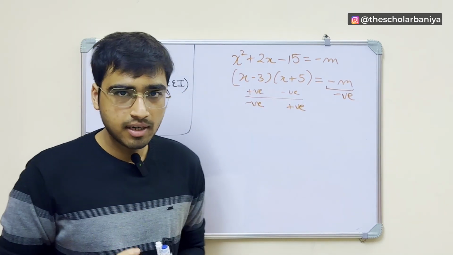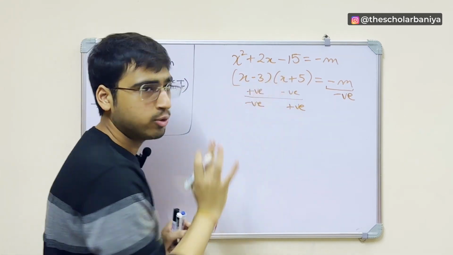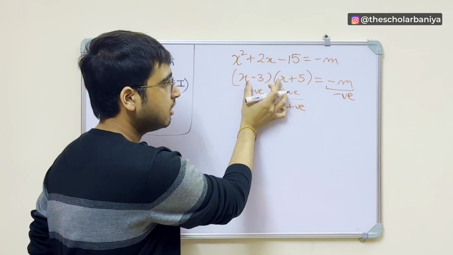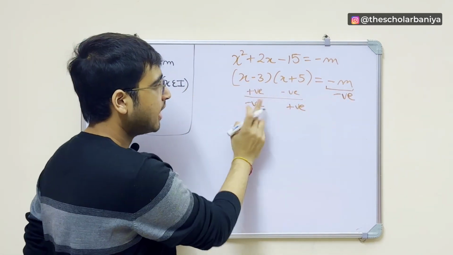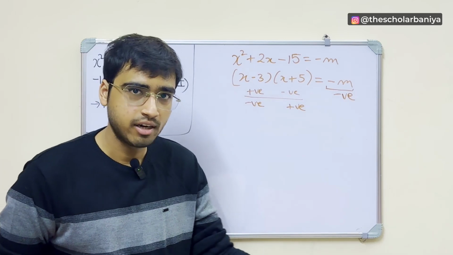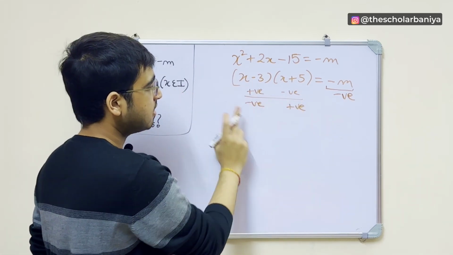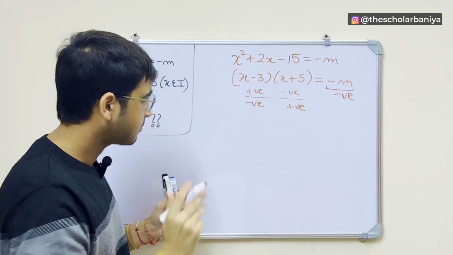If both are positive, the product will be positive. If both are negative, the product will be positive. But we want the product to be negative, so one has to be positive and the other negative. So let's take this positive and this negative, and in the other case, this negative and this positive. Pretty clear, right?